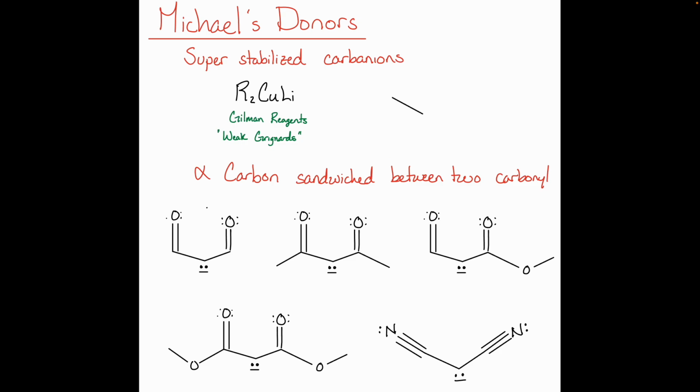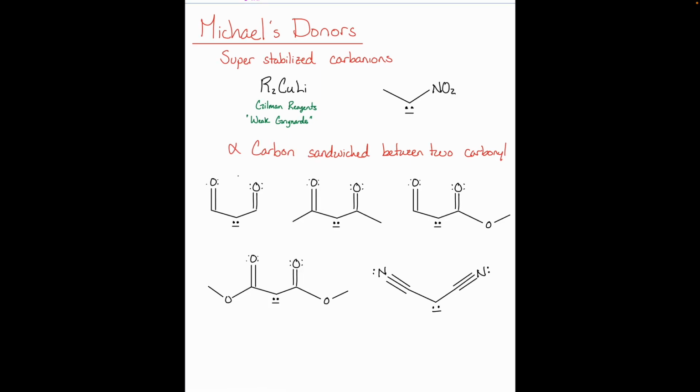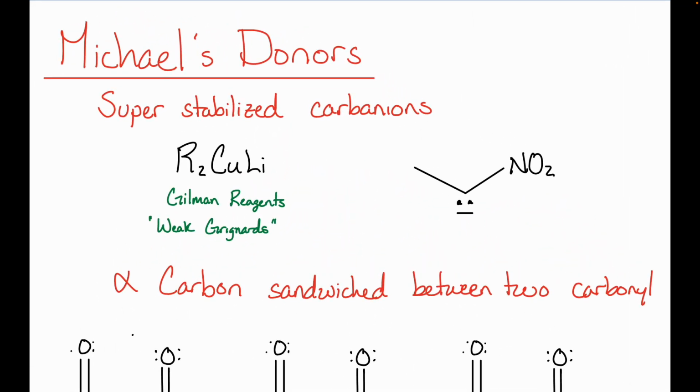And that is, it turns out that those nitro groups are just such good electron withdrawing groups that even if you just have one, that's enough to super stabilize that carbanion. Okay, so our common feature of these Michael donors is that they are these super stabilized carbanions. Turns out they have to be relatively weak nucleophiles.